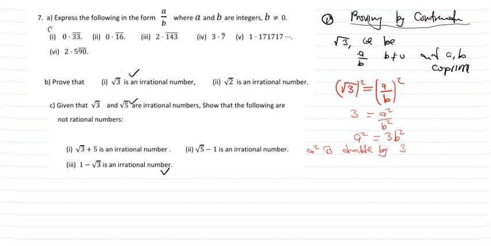Also, the same 3 is a factor of a, because we can see that this is a square, right, even, and this one is a factor.